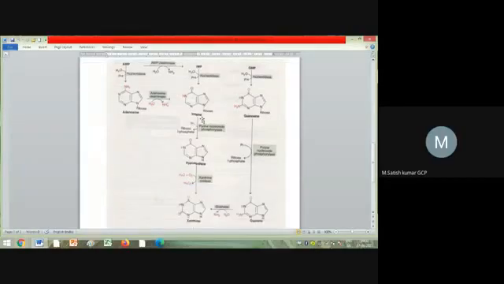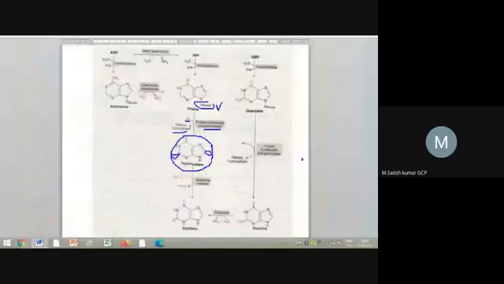Inosine is a nucleoside which consists of only a nitrogenous base and a ribose sugar, right? In the next step, the ribose sugar gets detached from the molecule by a phosphorylation reaction. Here a phosphate molecule will be attached, and it will be useful for the formation of ribose 1 phosphate, so that the ribose sugar will be detached from the nitrogenous base.